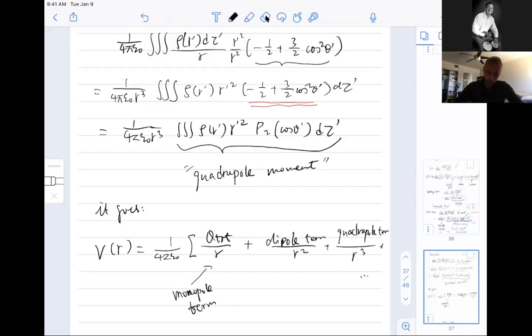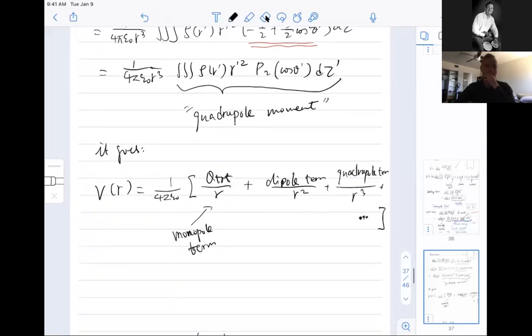Now you can have even higher order terms, and if you can calculate everything, but that's going to be forever, then it is the exact expression.